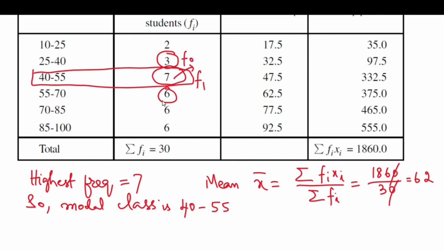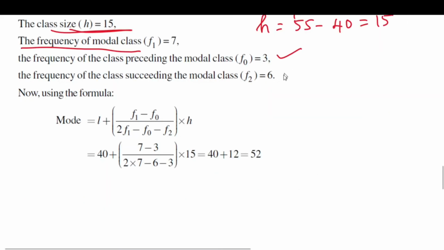This is the frequency of the class succeeding the modal class f2. f1 is 7, f0 is 3, f2 is 6. Now using the formula, we can find the mode. Mode is equal to L plus (f1 minus f0) by (2f1 minus f0 minus f2) into h. So we are getting here the mode as 52.